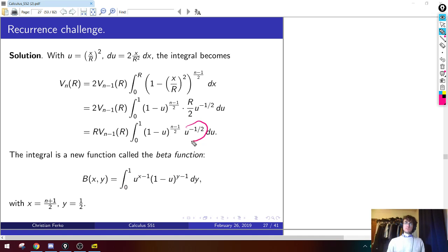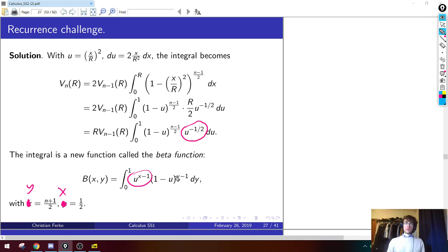A couple things to note. If we match up these powers, the power of x that we need for these to match is 1/2, because 1/2 minus 1 gives us the minus a half.